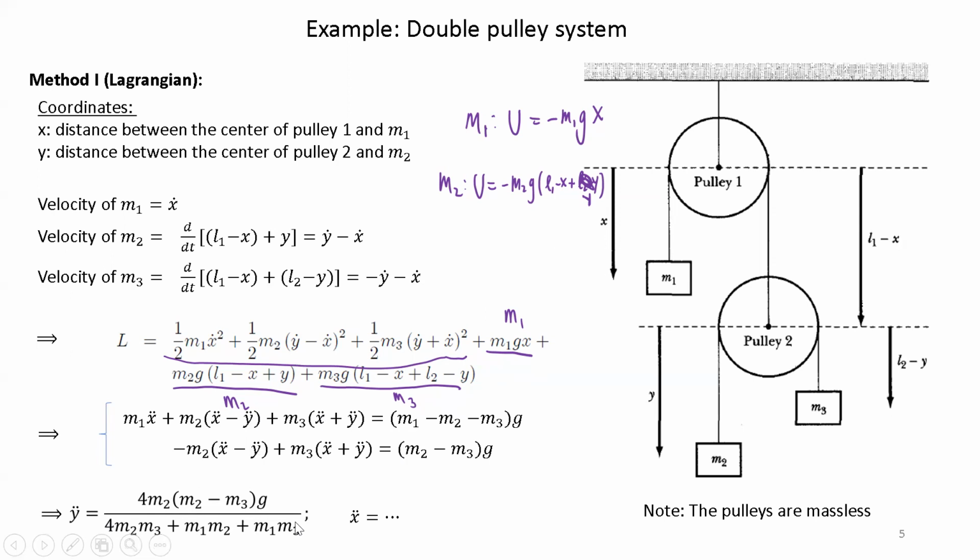This is a complicated expression, and although it looks messy, it is just a constant. All the accelerations are actually not varying. You can see that it's still just proportional to g over here. So once you work out y double dot, of course you can work out the x double dot.